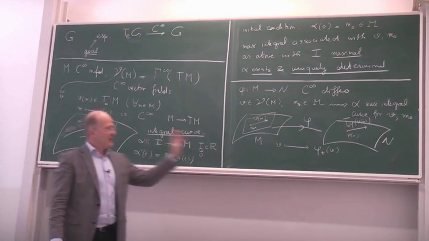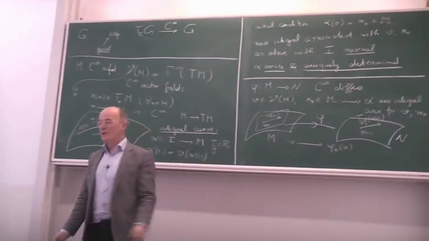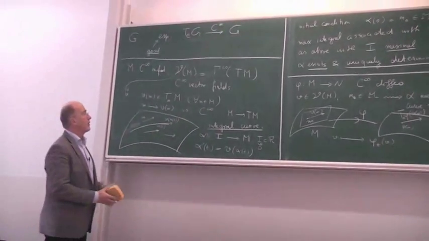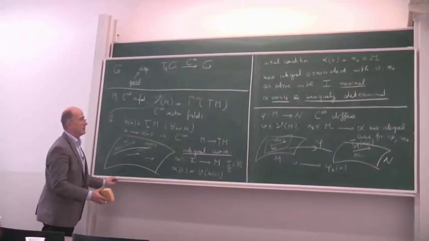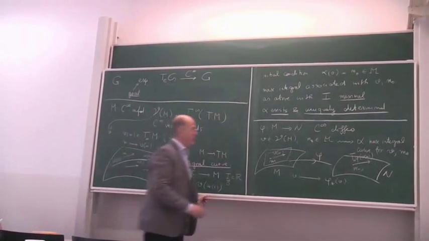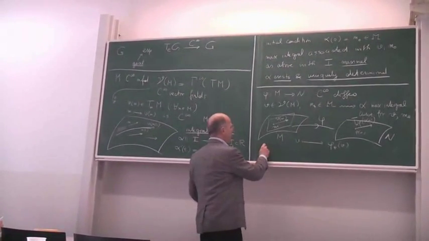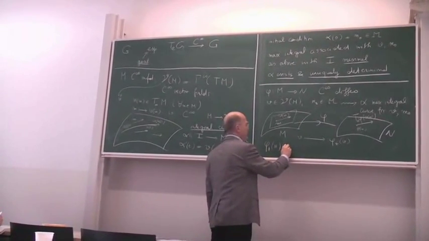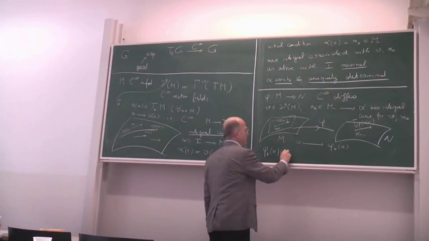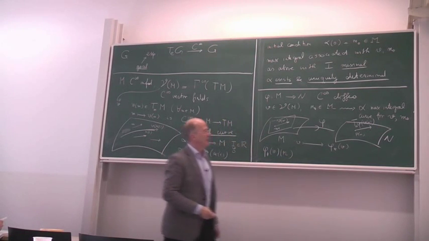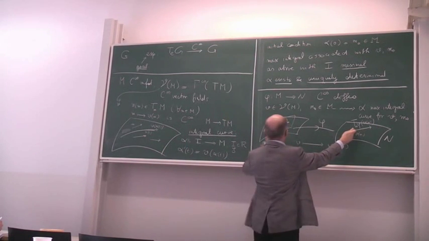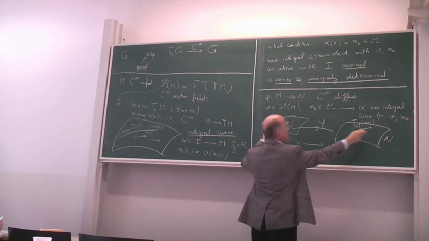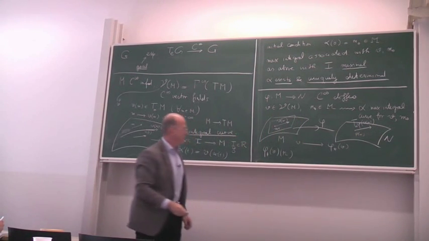Of course, once we understand this principle, we can write down the formula for the vector field phi lower star of v immediately. So phi lower star of v in a point n of the manifold N. Well, what should we do? We should look at the point here that corresponds to n.